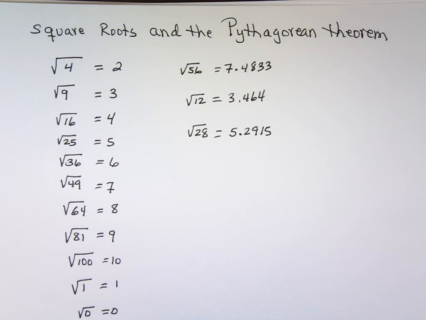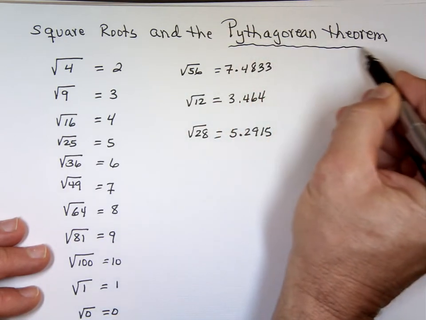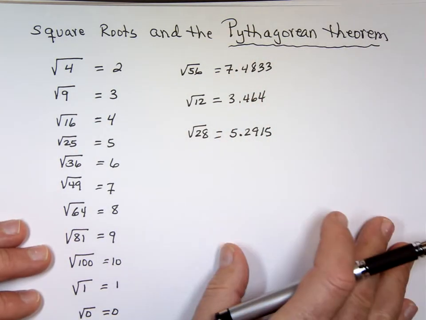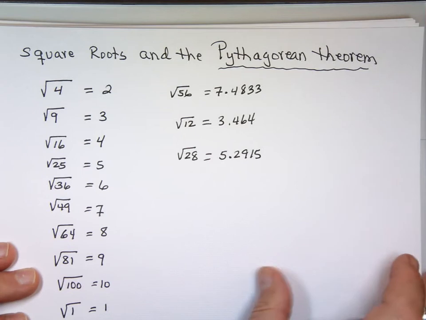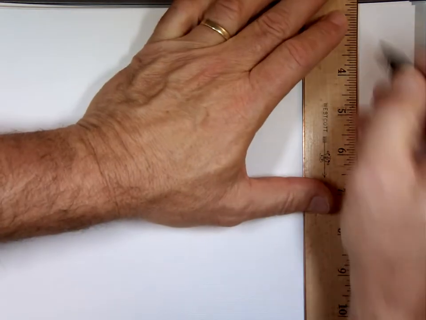Why are we interested in that? Because of this one, the Pythagorean Theorem. Now, what does that theorem say? It says if you have a right triangle, which means you have a 90-degree angle. So let's make a 90-degree angle, something like this.